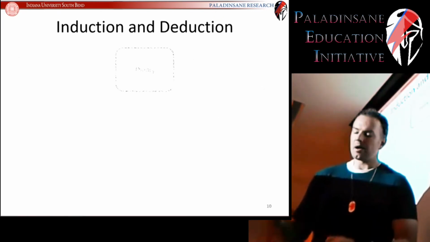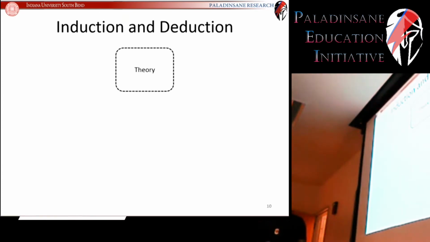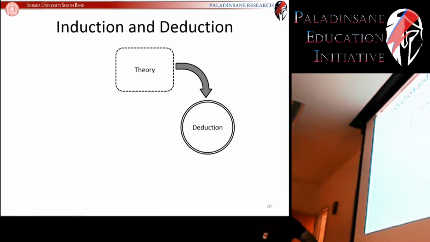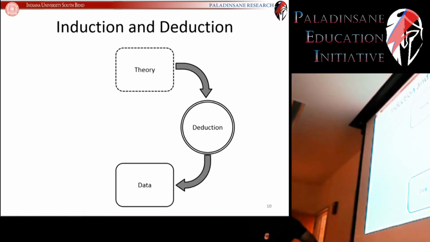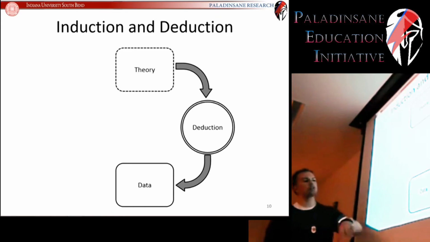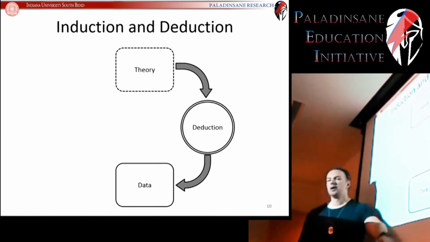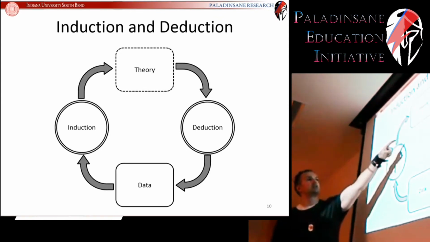And as we went through last time, this is part of the wheel of science, the wheel of knowledge, as I like to call it. So if you start with a theory, you then go through deduction, and you deduce what should be observed. However, you can also jump in on this wheel with something that you've observed, and from that you induce a theory that tries to explain it.